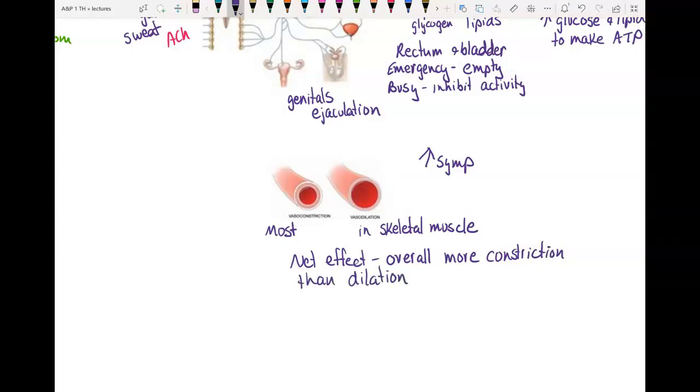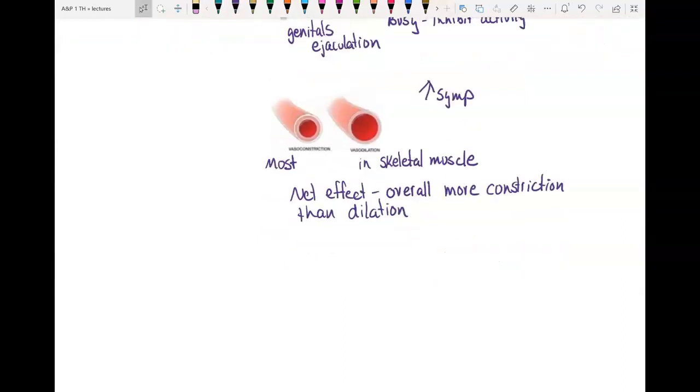So there's more blood vessels everywhere else in your body than in just your skeletal muscles. This becomes important in blood pressure. With blood pressure, constriction raises blood pressure. So since the overall effect of sympathetic is constriction, sympathetic raises blood pressure. Even though some of the vessels are dilating, more are constricting, so you have a net effect of constriction.